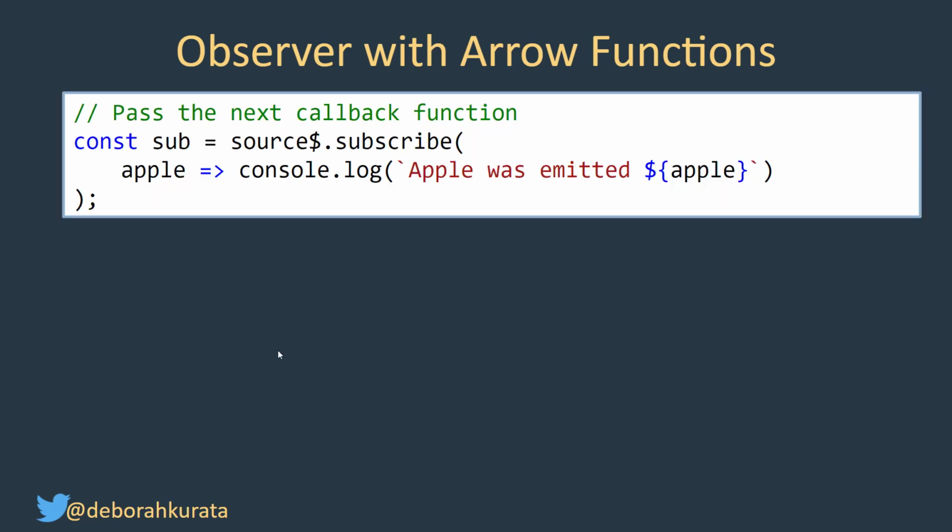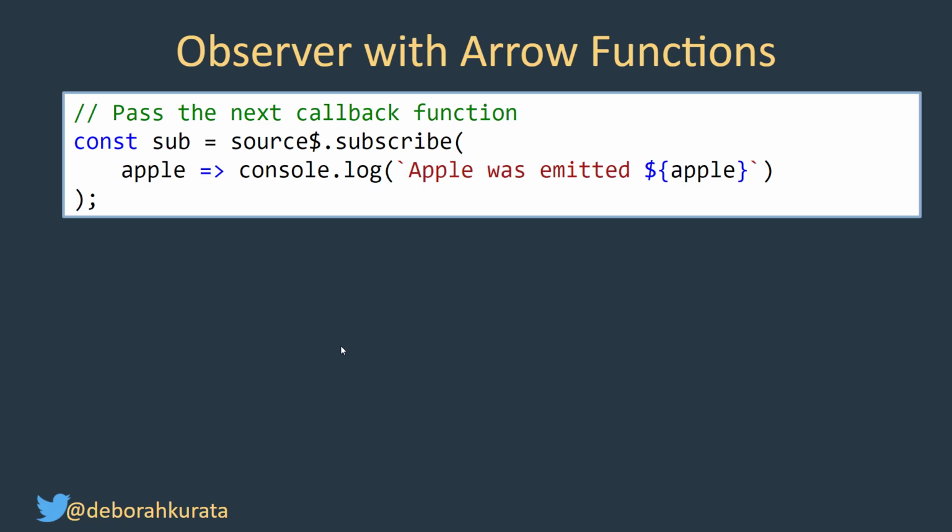What do we do instead? We do our observer with an arrow function. So here's our subscribe, and directly in our subscribe is where we have our next function. So we receive our next item, which is an apple, and we log it. A couple of years ago, RxJS was changed such that subscribe will only take one argument.